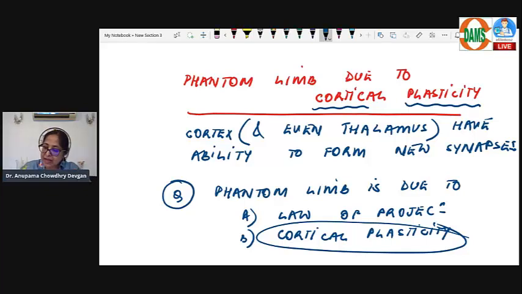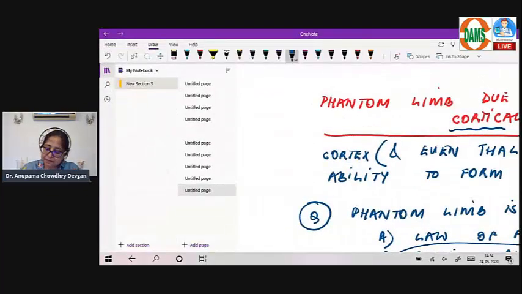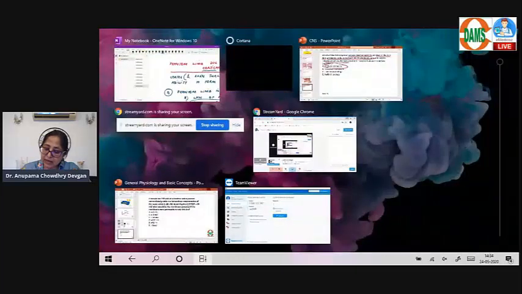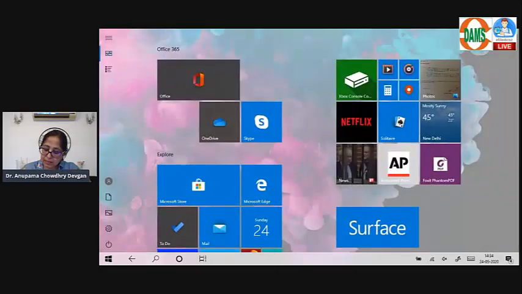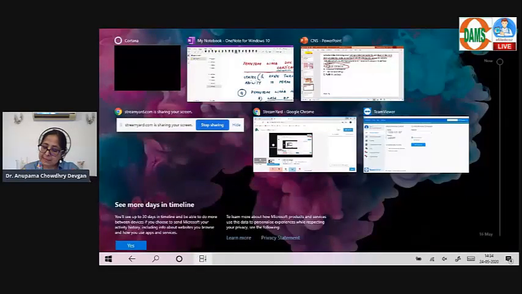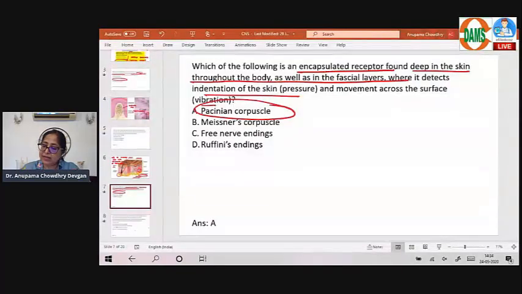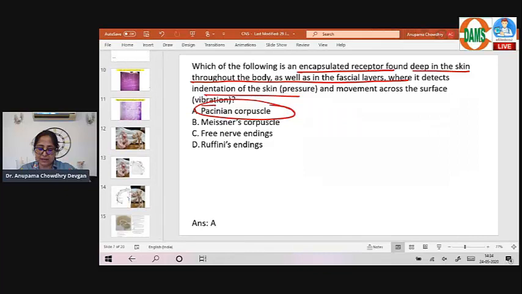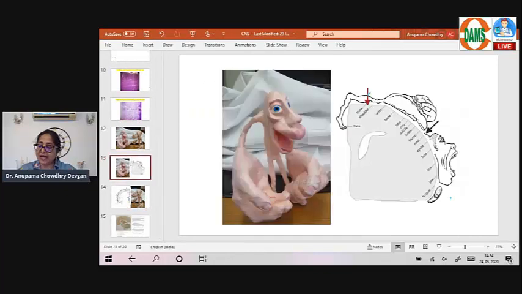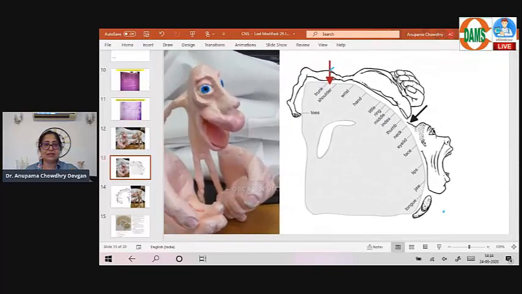All right, let me try and explain this to you over here. What do I mean by cortical plasticity? If this is the sensory cortex, this is a representation.